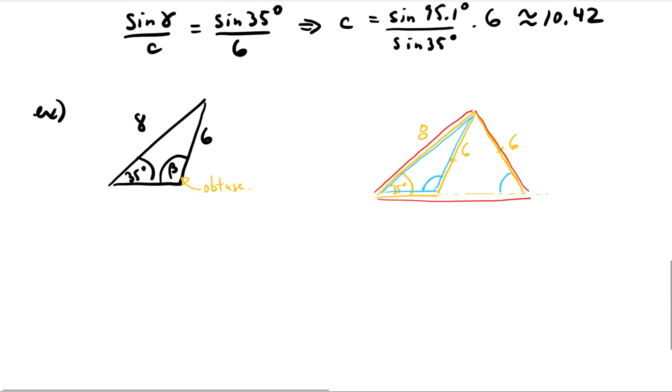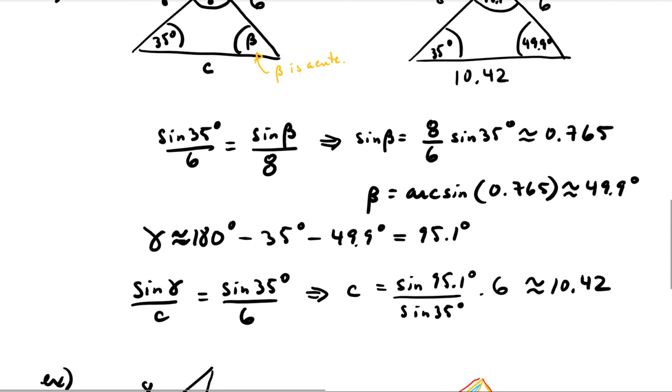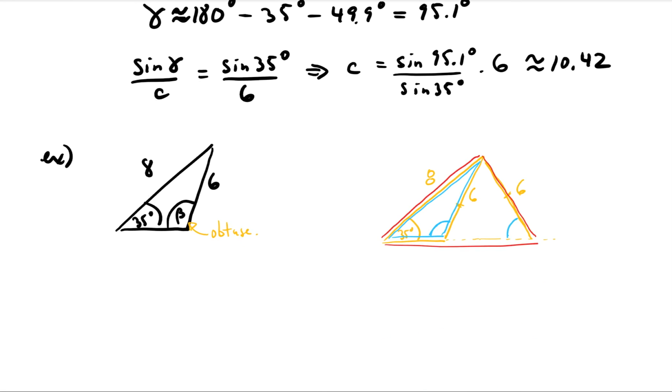We'll see how we can recover beta here, because I can't just carry the same analysis I had here. With this beta it was definitely acute, so I was on the right track. If I'm trying to replicate the computations I did previously, I could try to find what beta is.